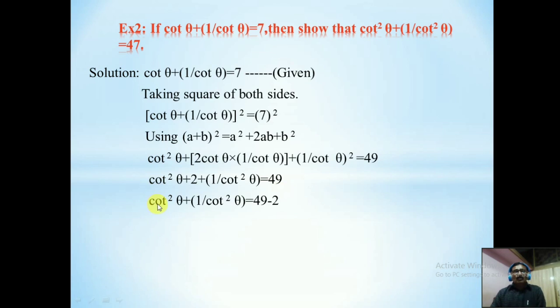Therefore, cot square theta plus 1 upon cot square theta is equal to 49 minus 2. This plus 2 becomes minus 2. Therefore, cot square theta plus 1 upon cot square theta is equal to 47.